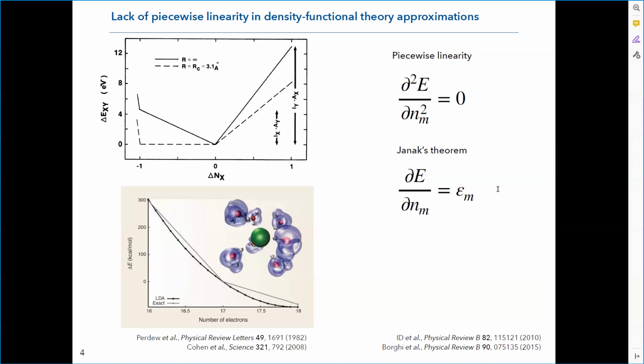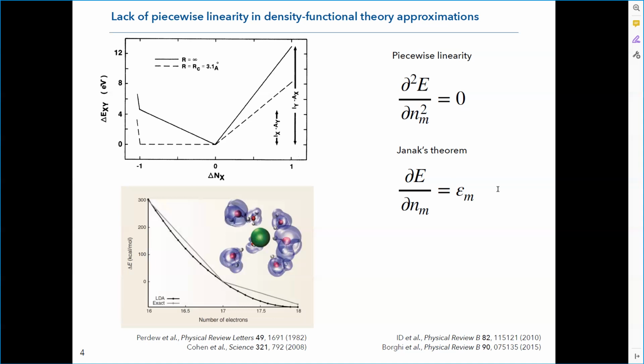And as a result, the energy for a fractional number of electrons should be the linear connection of the energy of the pure states, the states with integer number of electrons. And as a result, the energy should be piecewise linear with derivative discontinuities at integer electron counts.